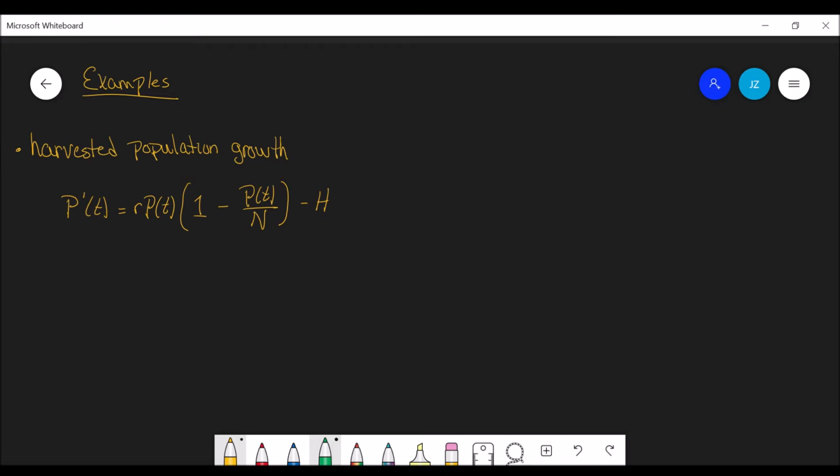So the first thing we notice is that this is a first order equation.